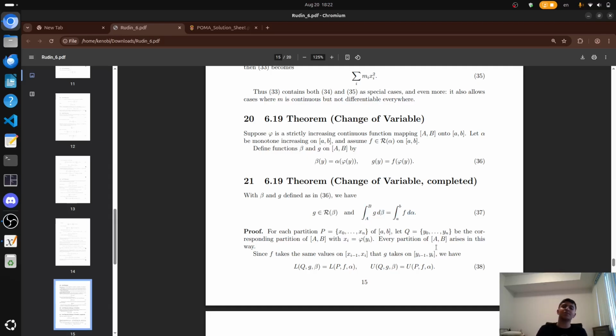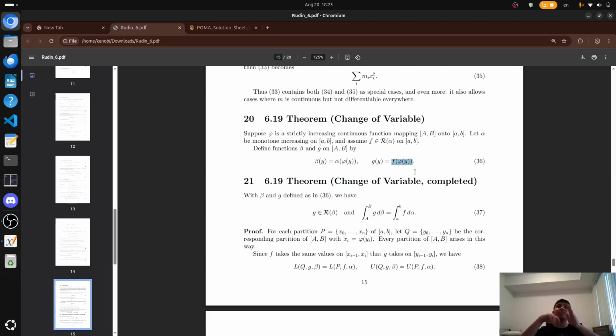And the strategy here is, because you're doing composition of functions, you can choose a partition such that when you choose the x values and the y values, it gives you the same thing.